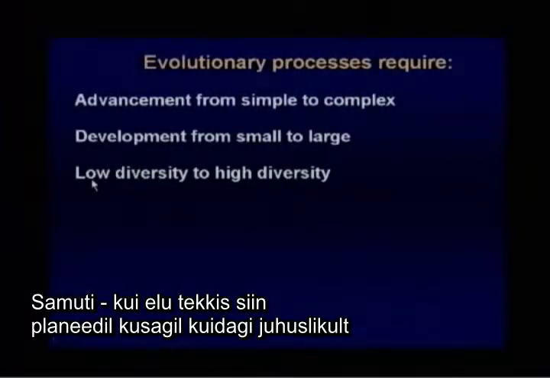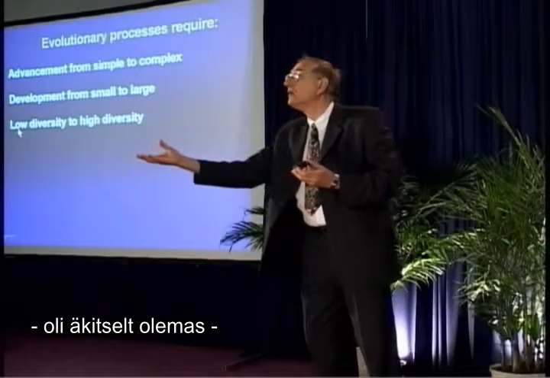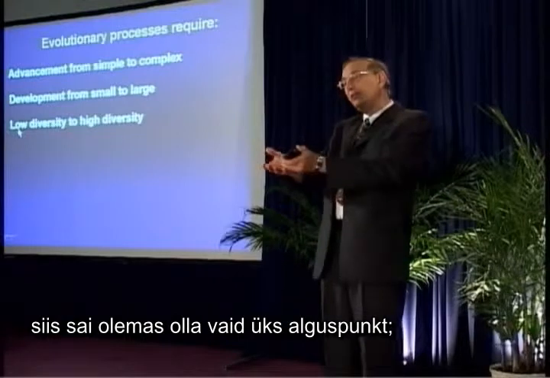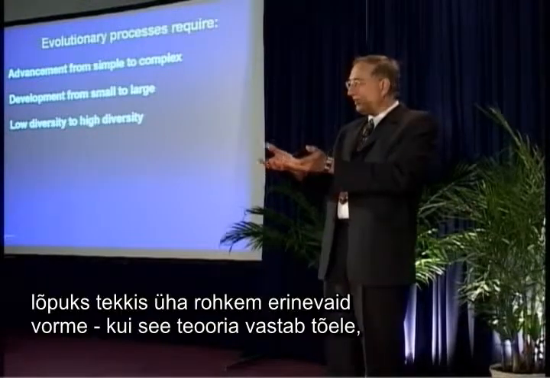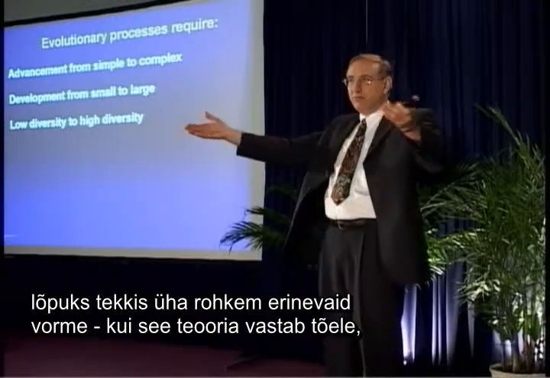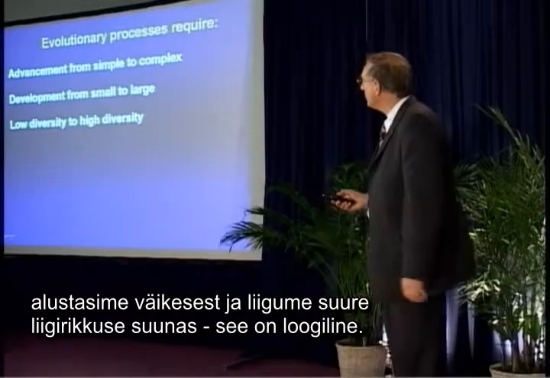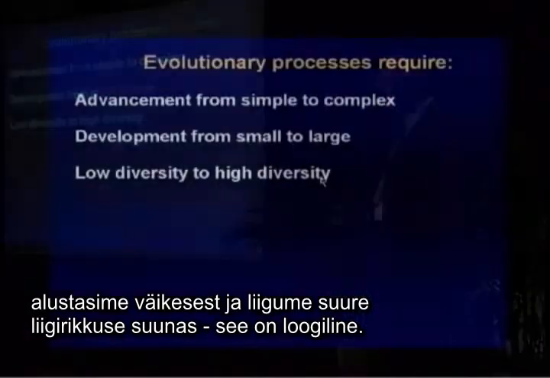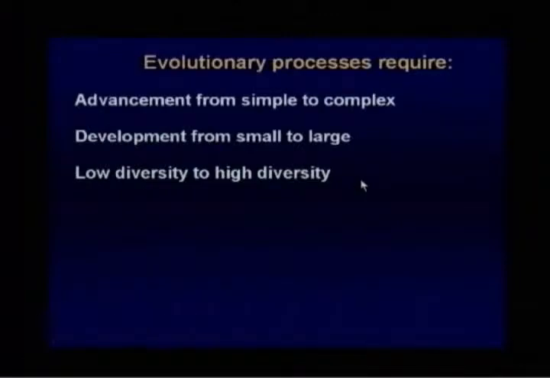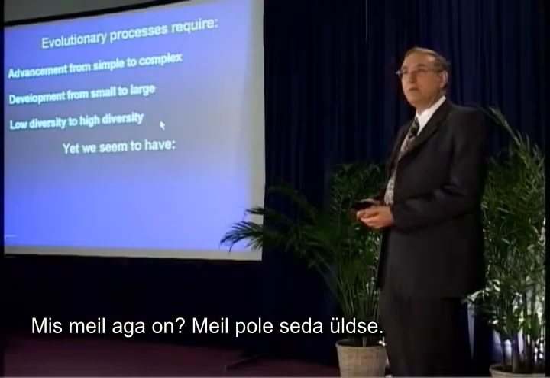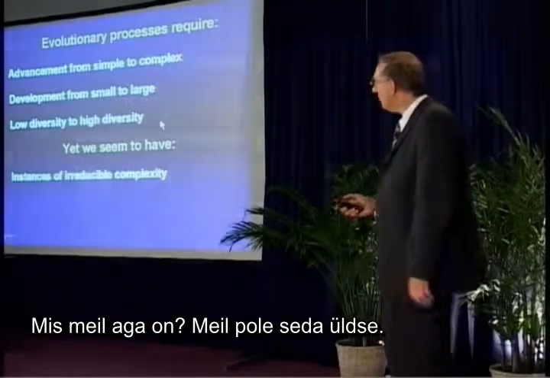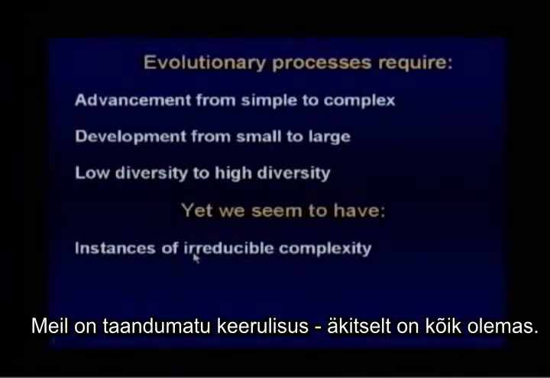And also, if life started somehow fortuitously somewhere on the planet, suddenly it was there, then there would have only been one. And eventually they could have become more and more and more if the theory is correct. So we start with low diversity to high diversity. That's logical. That's what you'd expect. But what do we have? No, we don't have that at all. We have irreducible complexity.